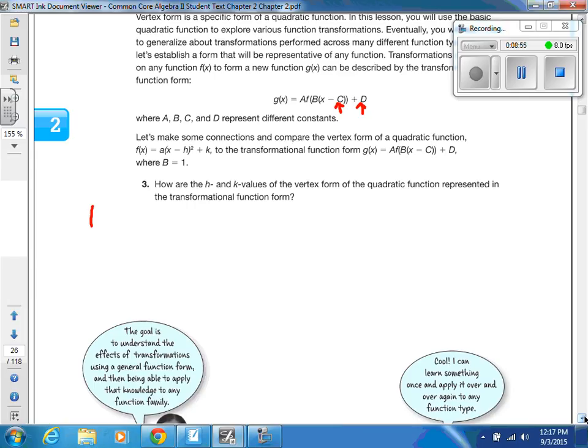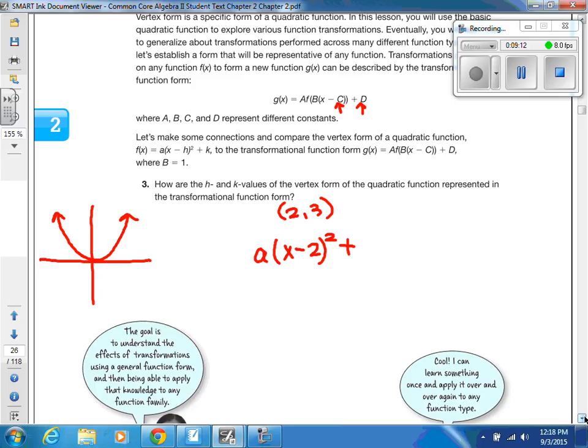Because think about it, here's my parent function, and let's say that I did have a vertex. What was that last one, 2, 3? Okay, let's say I did have a vertex of 2, 3. So I have a times x minus 2 squared plus 3.